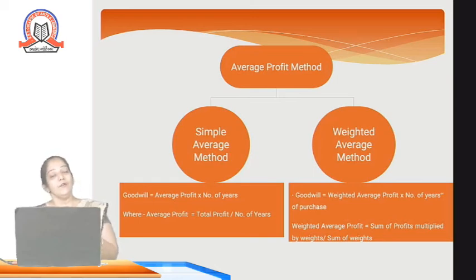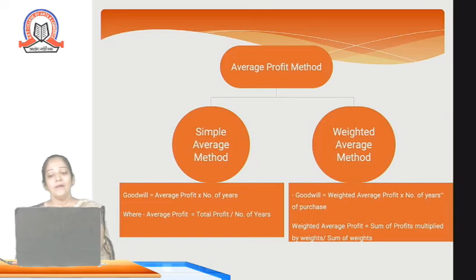And for calculating goodwill, we take the weighted average profit multiplied by the number of years purchase. That number of years purchase, again, will be given in the question. So these were the methods with the help of which we can calculate goodwill in the average profit method, under which we have two methods, the simple average method and the weighted average method.